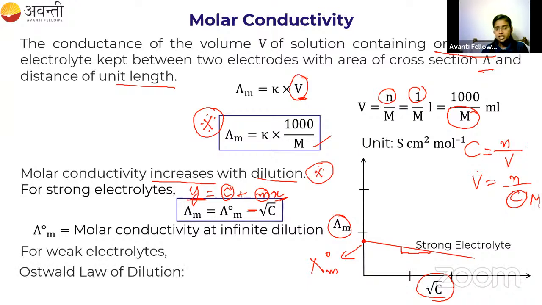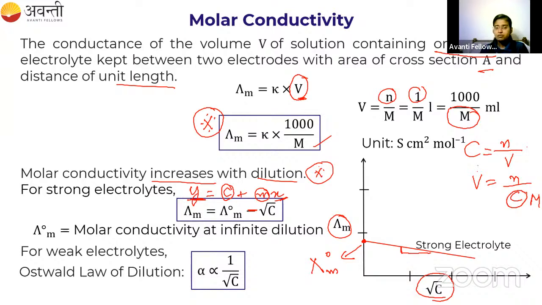According to this law of dilution, we get one formula: alpha is inversely proportional to root C, that is, alpha is directly proportional to 1 by root C. What to see here? C is the concentration.